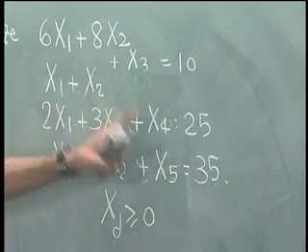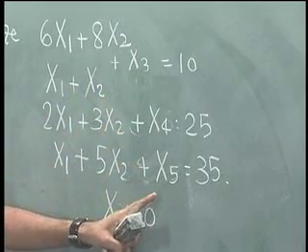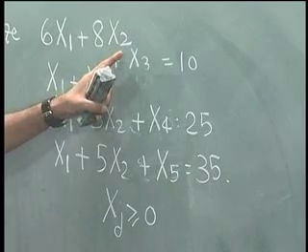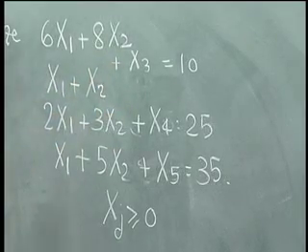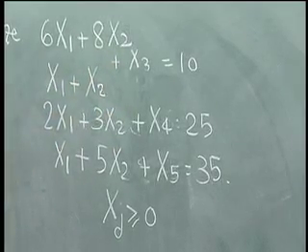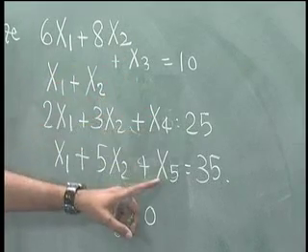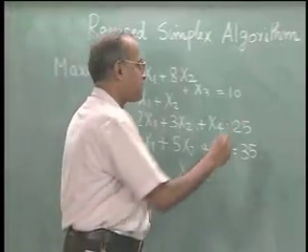So, now x3, x4, x5 being slack variables with a plus 1 coefficient and they appear in only one constraint, they can qualify to be the basis. So, we start the simplex algorithm with x3, x4 and x5 as basic variables.